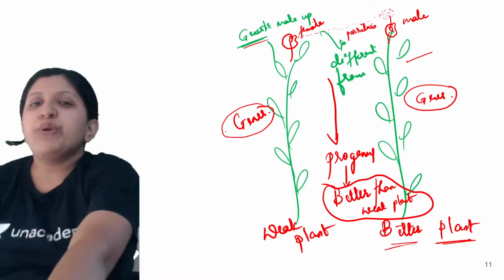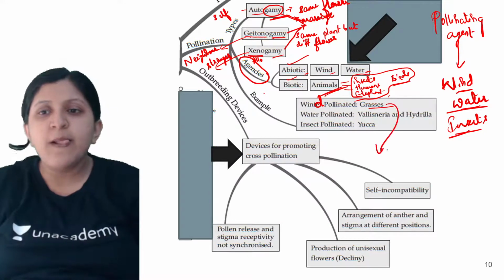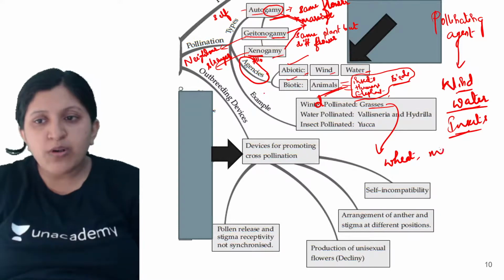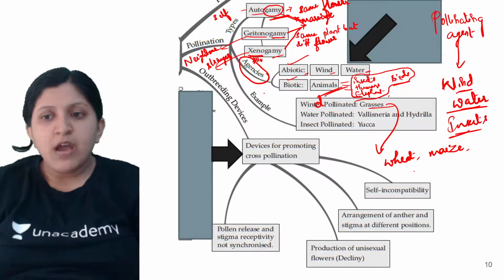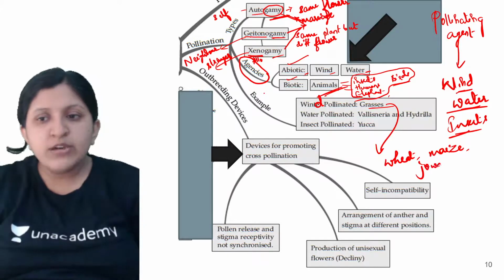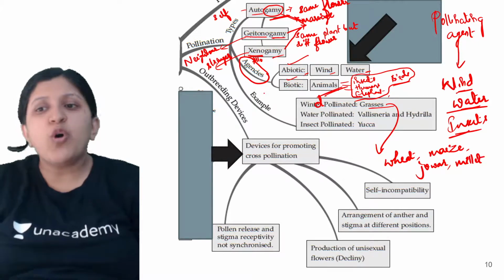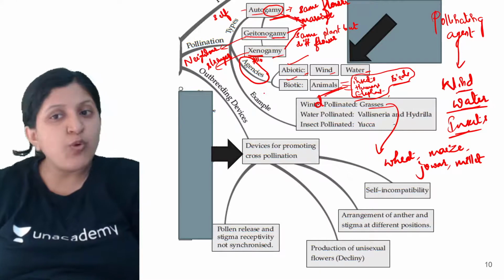Okay, so now wind pollination, when we mention the grasses, what are those grasses? It can be wheat, it can be maize, all right, then it can even be jowar, a millet, or a rice. Okay, so this can even be a millet. So all these, you can see the transfer of pollen grain only with the wind.